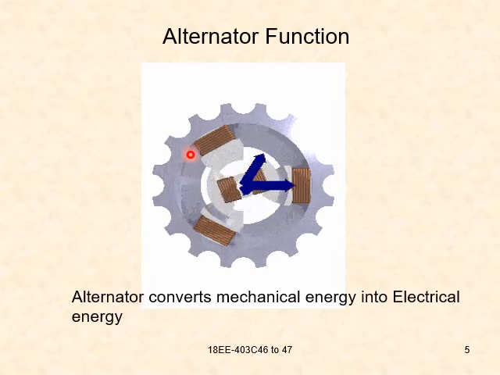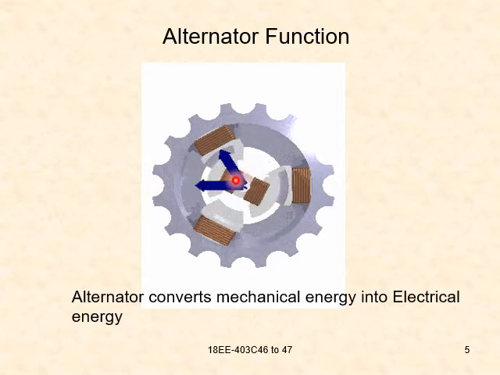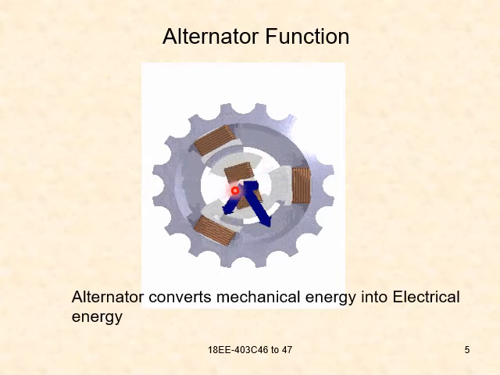Here you can see this is the stator frame, this is the stator poles, and this is the rotor of salient pole. When we rotate this with some prime mover, the conductor cuts the magnetic field changes, and then an EMF is induced in it.